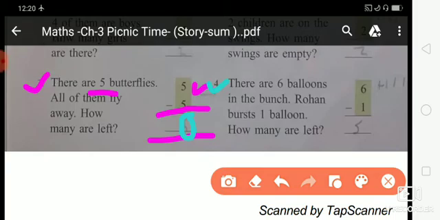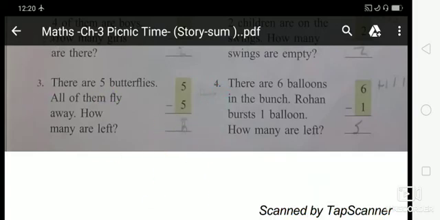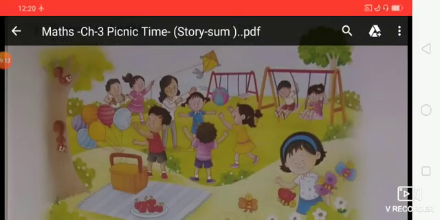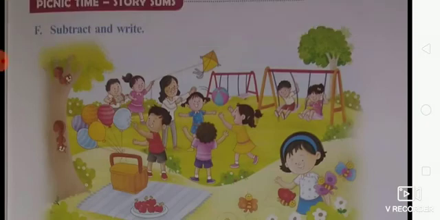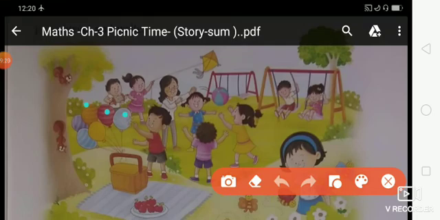There are 6 balloons in the bunch. Rohan burst 1 balloon. How many are left? Look at the picture. Rohan has 6 balloons: 1, 2, 3, 4, 5, 6. 1 balloon has burst.